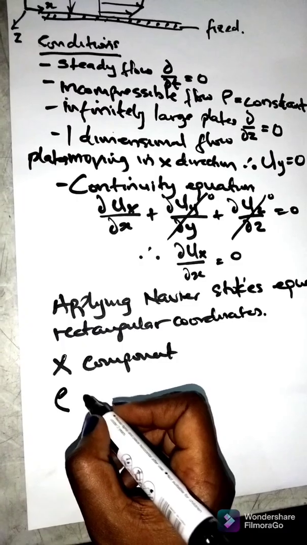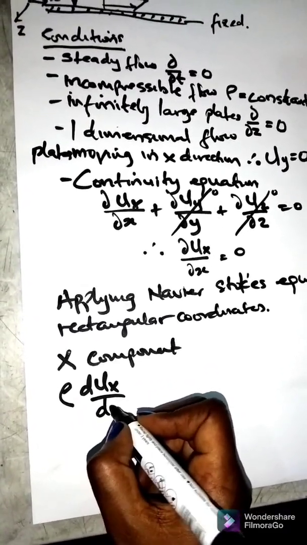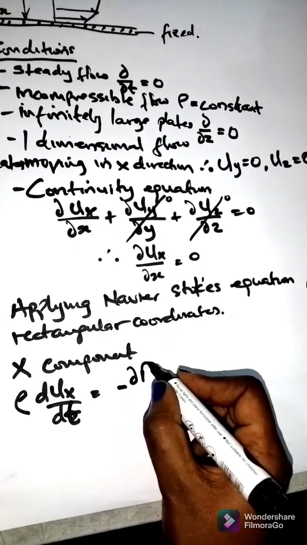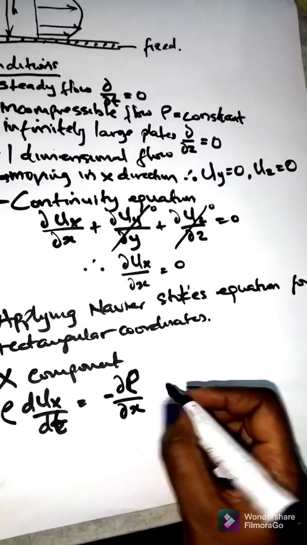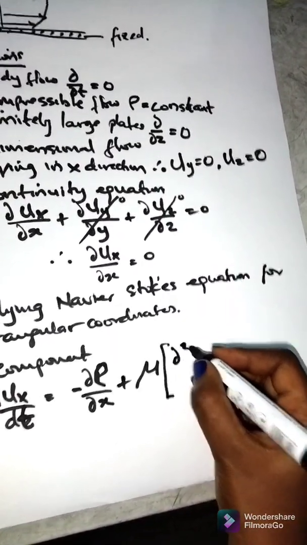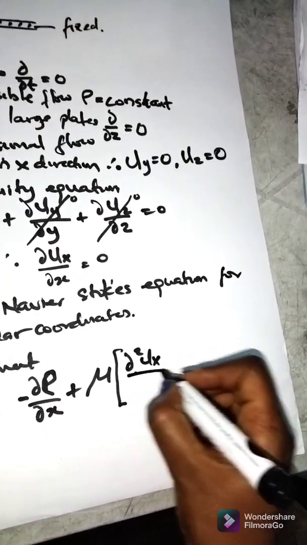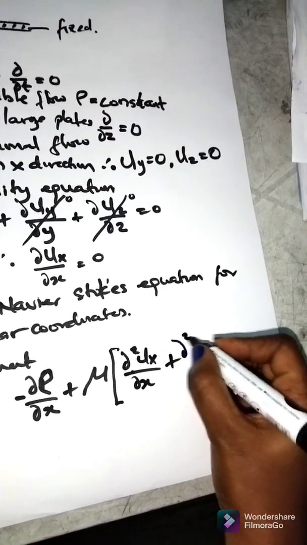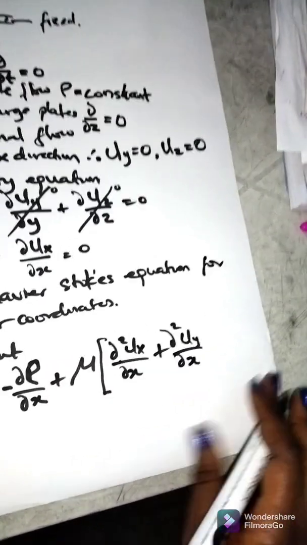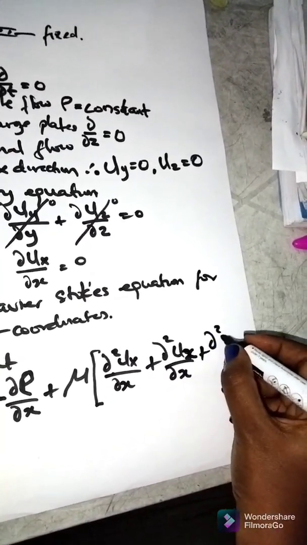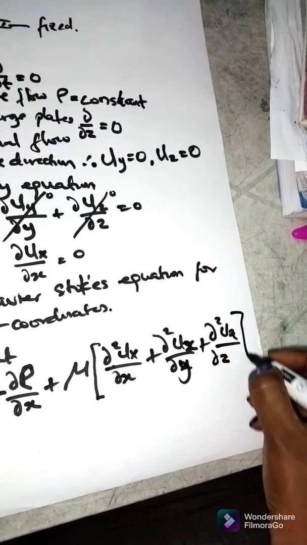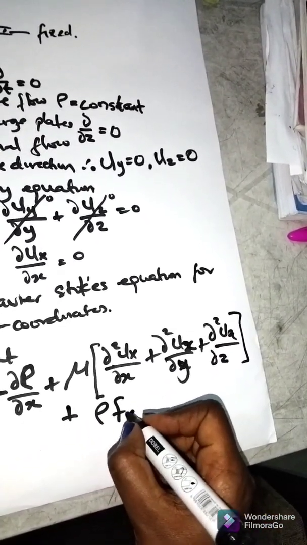Rho times the derivative of ux with respect to t equals negative partial derivative of pressure with respect to x plus mu times the sum of partial square ux over partial x square, plus partial square ux with respect to y, plus partial square ux with respect to z, plus rho f in the x direction.